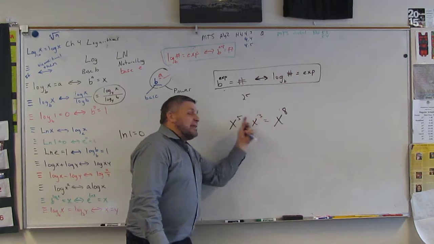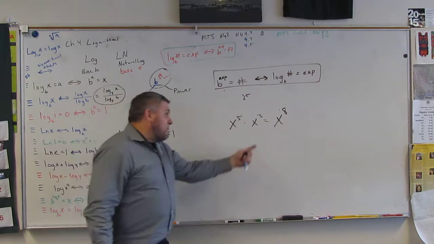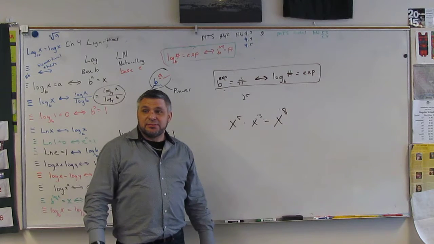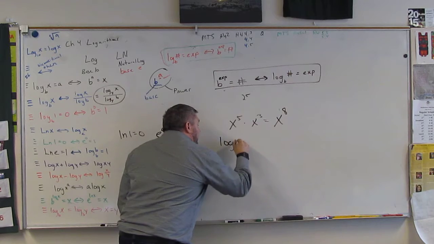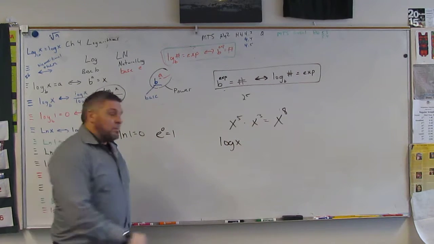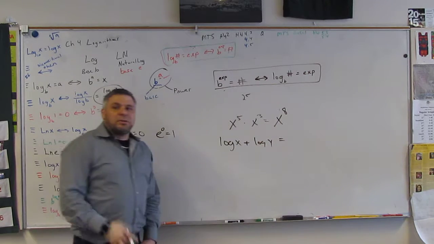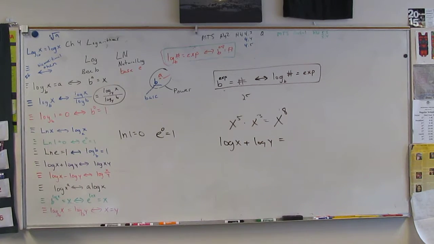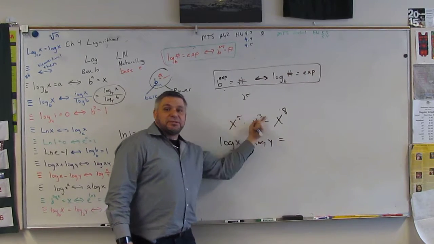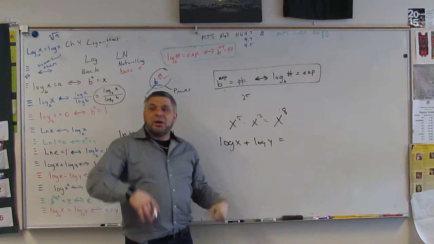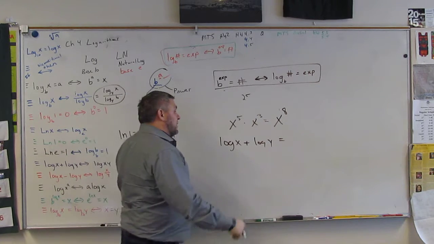So since a logarithm is an exponent, anytime we're going to add the exponents, we're going to, what? Multiply the bases. So what that means is, if I say log of x plus log of y, then because we're adding the exponents, and logarithms are exponents, we're going to multiply.